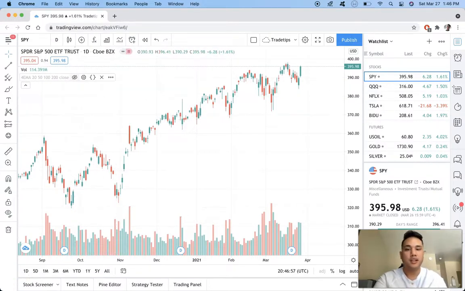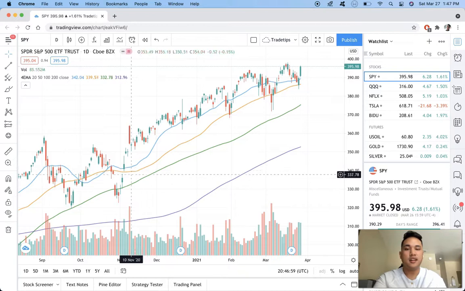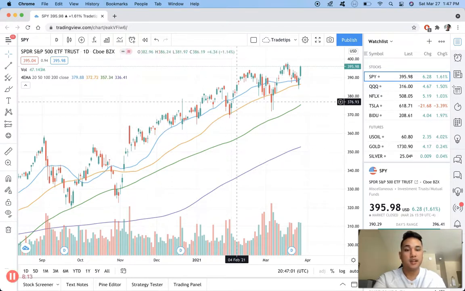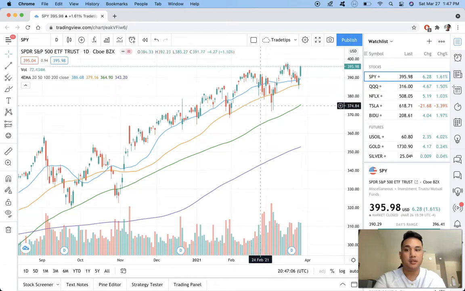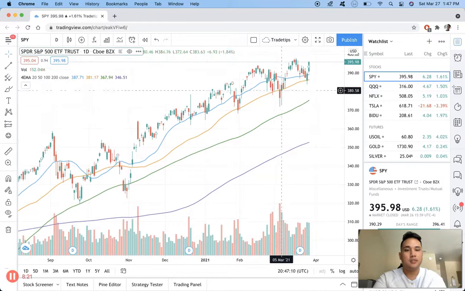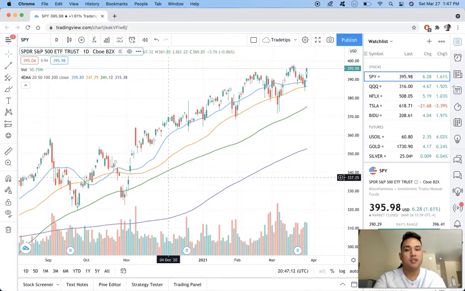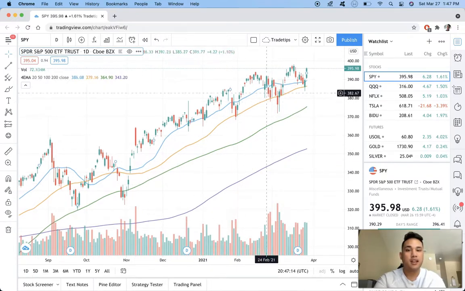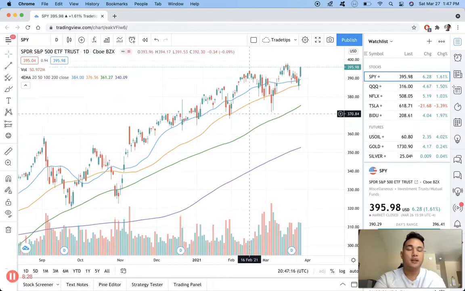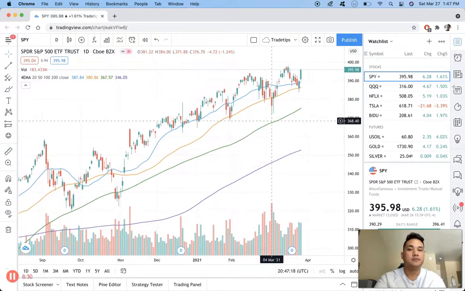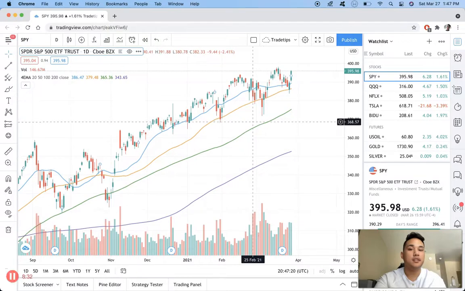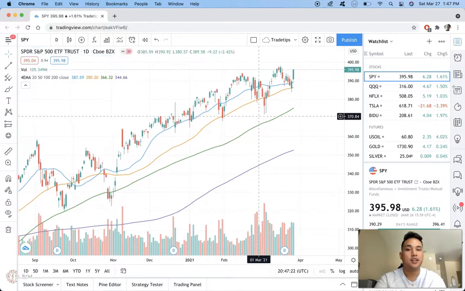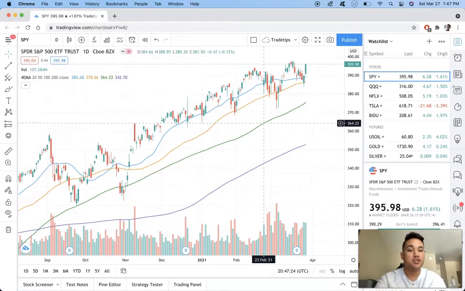We can use the moving averages and see that these lines create bands that are separated, where the 20 is above, the 50 is below, and the 100 and 200 are as such. So as long as these bands are all parallel and not touching, that's how you can definitively define that a trend is still bullish in this case.